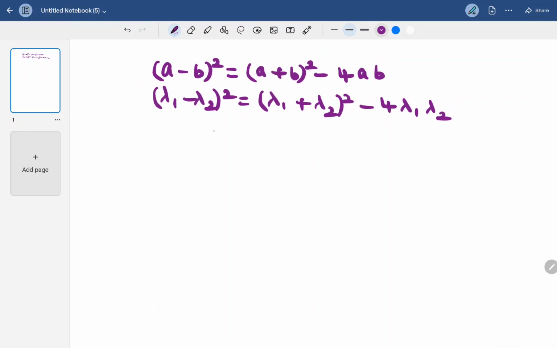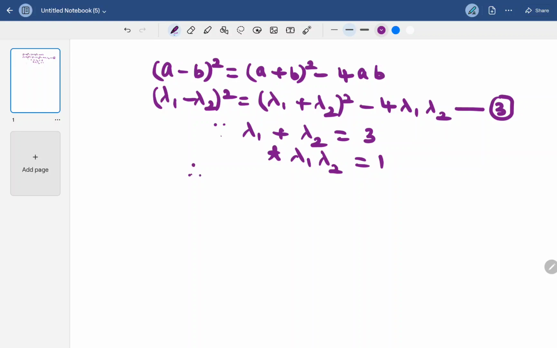Since lambda 1 plus lambda 2 equal to 3 and lambda 1 lambda 2 equivalent to 1, substitute these two values in equation 3.